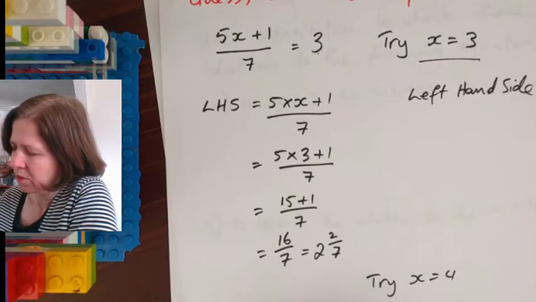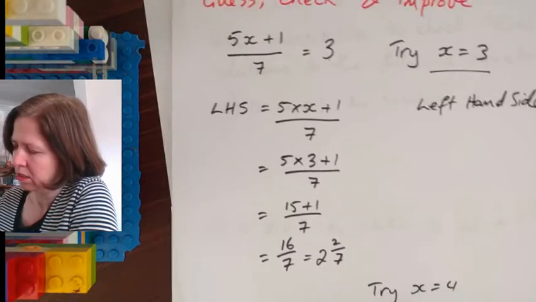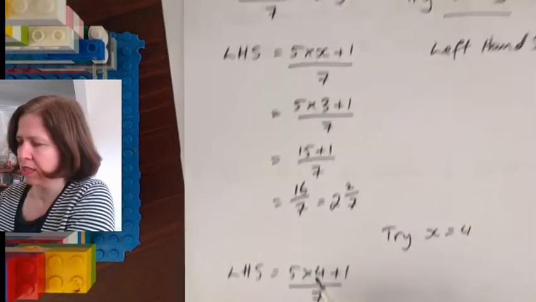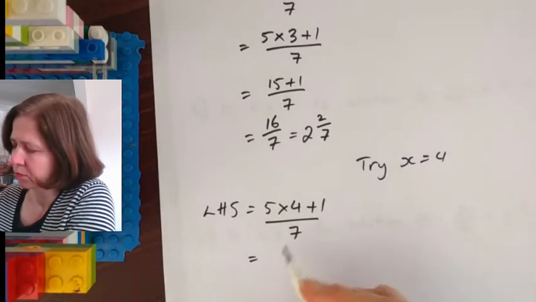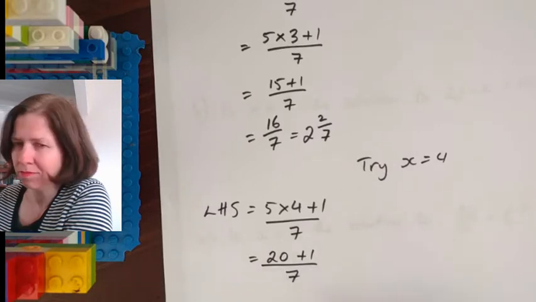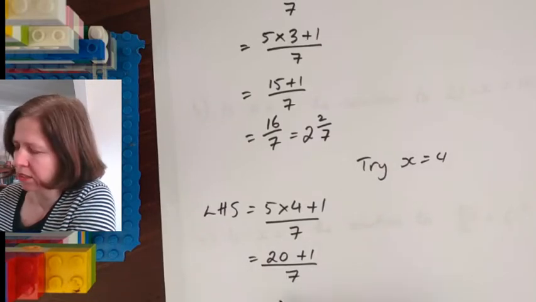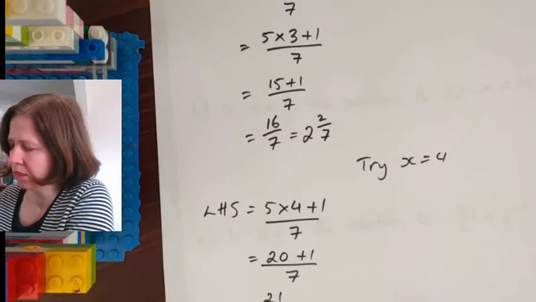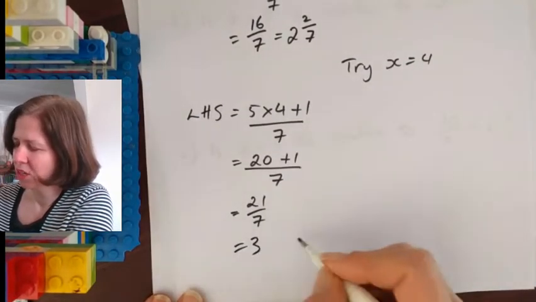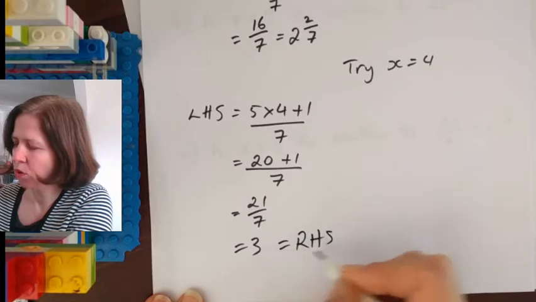So the left-hand side now is going to be 5 times 4 plus 1 over 7. 5 times 4 is 20 plus 1 over 7. This is looking promising, which is 21 over 7, which equals 3, which equals the right-hand side that I wanted.